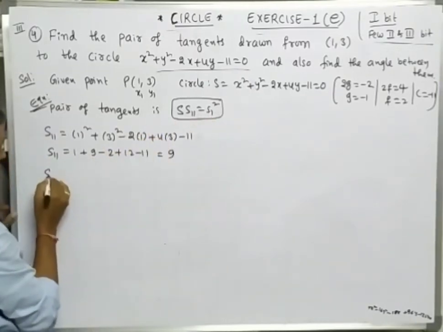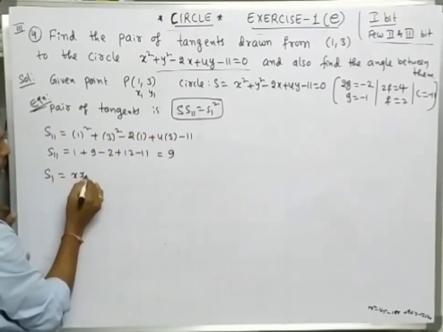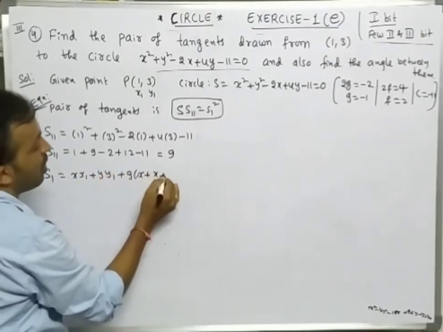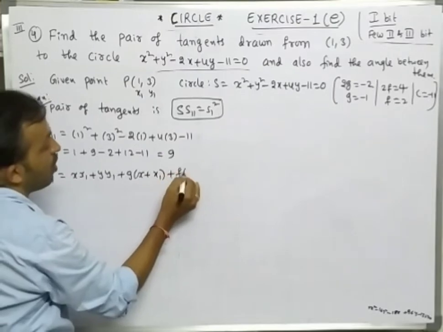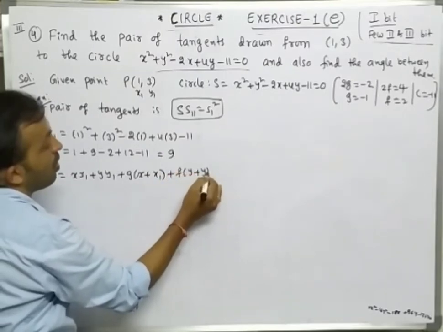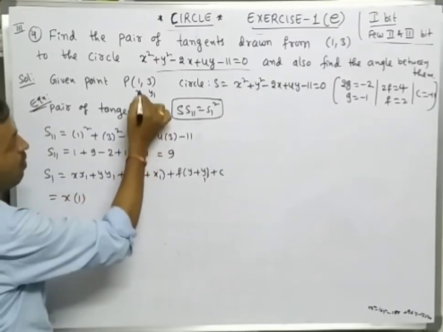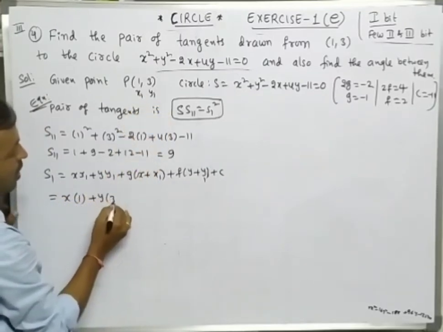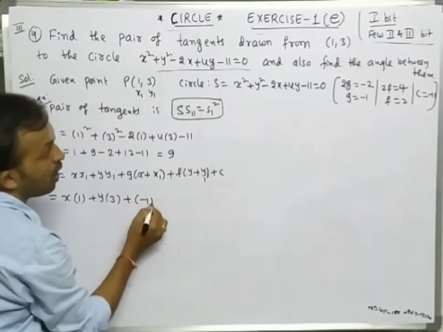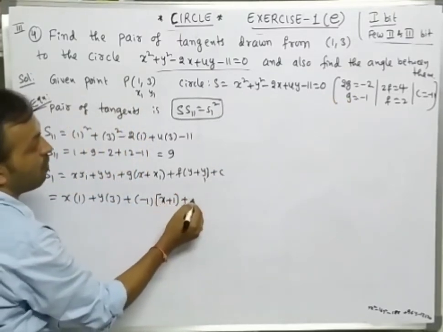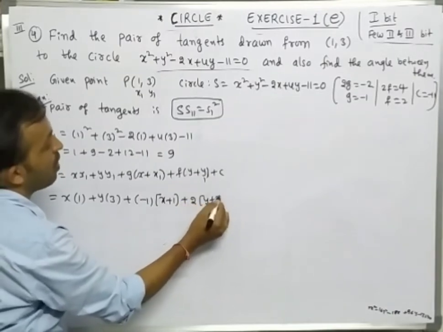Next find S1. S1 means x x1 plus y y1 plus g into x plus x1 plus f into y plus y1 plus c. So x into x1 1, y into y1 3, g is minus 1 into x plus x1 1, f 2 into y plus y1 3.